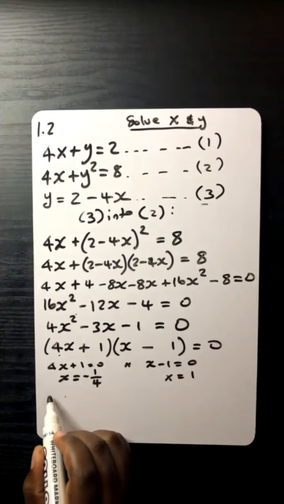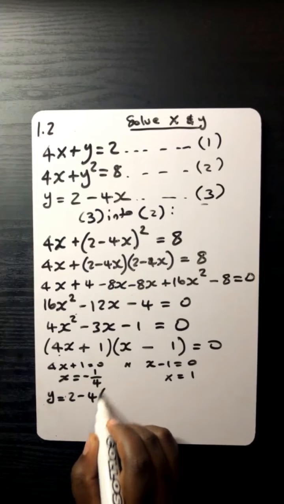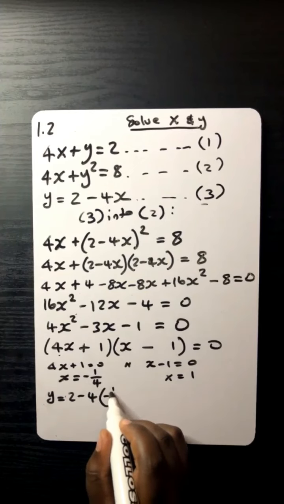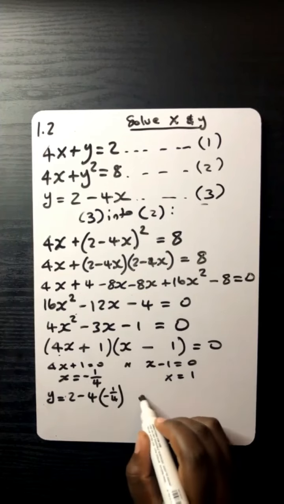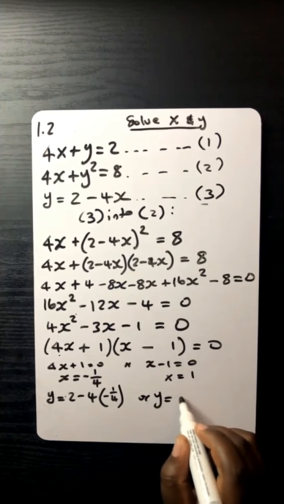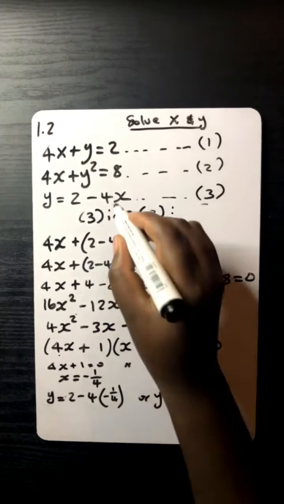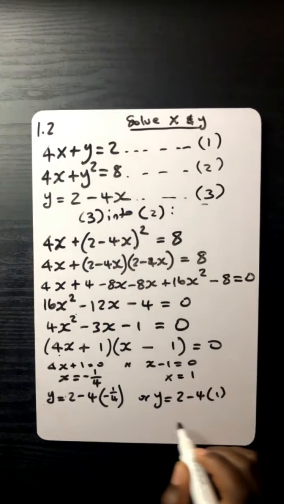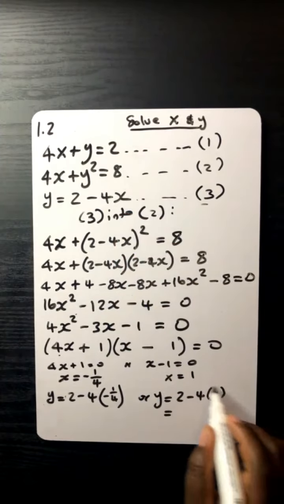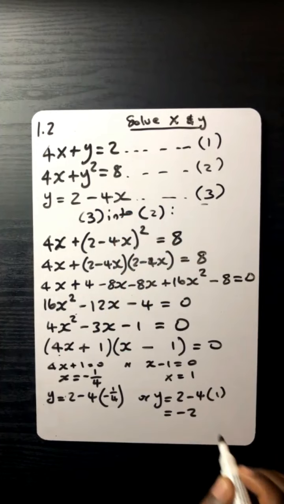So that means you're going to say y equals 2 minus 4 into the x value, minus a quarter, or y equals 2 minus 4 into 1. I already know that obviously this is going to be minus 2. This one, what is it going to be? Is it going to be 3? Because that times that, they cancel.